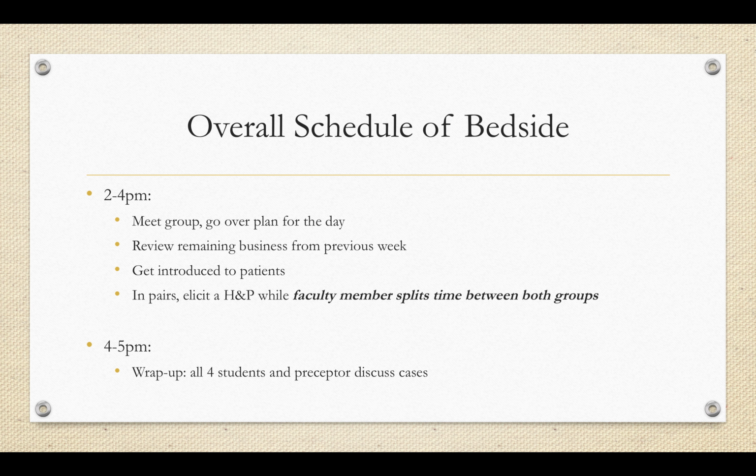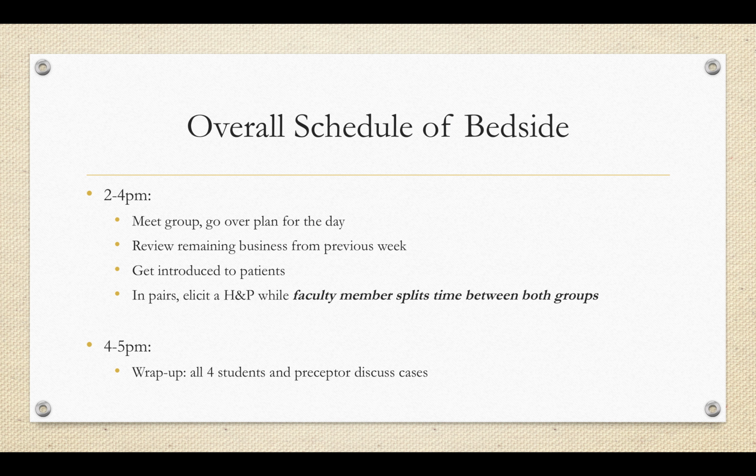After that happens, your job as a preceptor is to then divide your time between both pairs of students. During that time of observing them directly, you will pay attention to how they're taking the history and doing the physical exam.